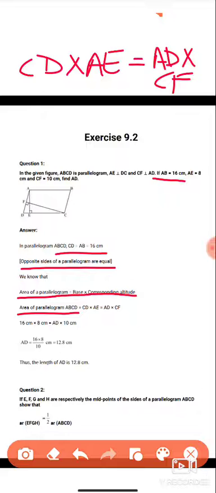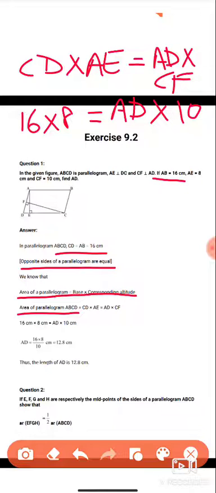So we have CD, that is 16, into AE. AE is how much? AE is 8. That equals AD, which we do not have, we have to find AD, so keep it as it is, and CF is 10.